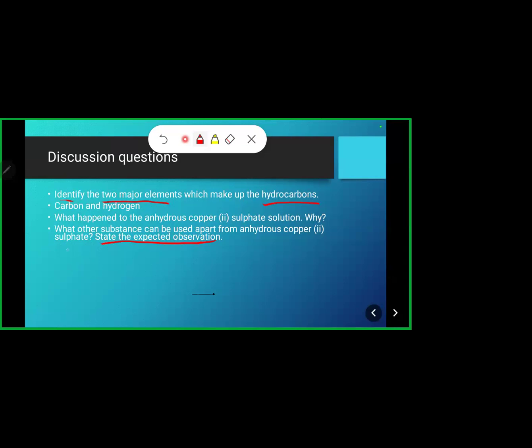Okay, so have we heard about the cobalt 2 chloride paper? Sorry? Happy's hand just came up. Happy, please go ahead. Madam, I was asking, I don't know if this is silly, but can lime also be used to detect if water was there? Can what?